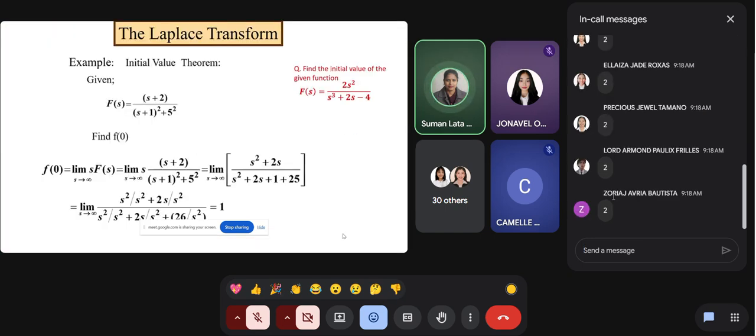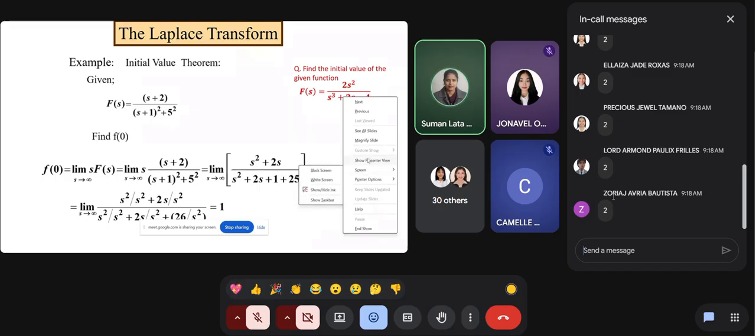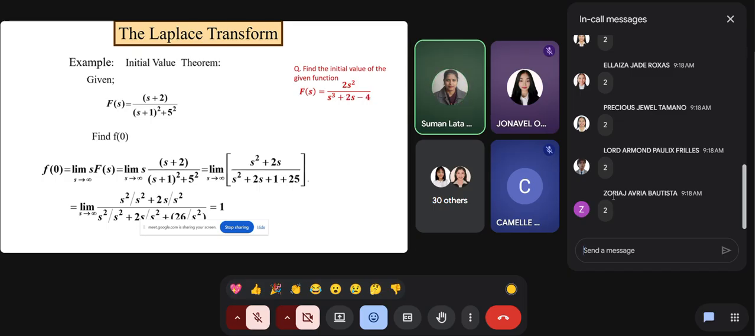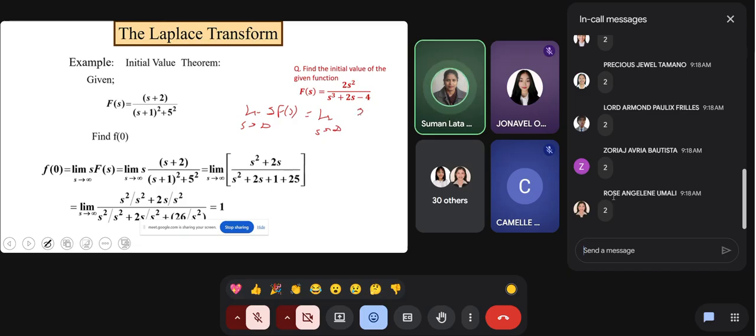Let me do it. What will be the correct answer? Here, the limit s tends to infinite for the initial value. s of F(s) is nothing but limit s tends to infinite, and 2s cube when you multiply it by s becomes 2s cube divided by s cube plus 2s minus 4.